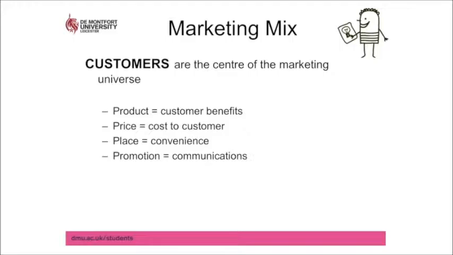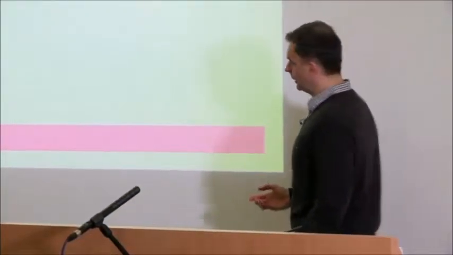What we want to do is create benefit-orientated marketing. We're not talking to someone about the pen that we write with, we're talking about the benefits that will give them when they buy that particular product. We're talking about the price to the customer, how the customer will accept that price. Not the price we want the customer to pay, the price we hope they will accept paying.